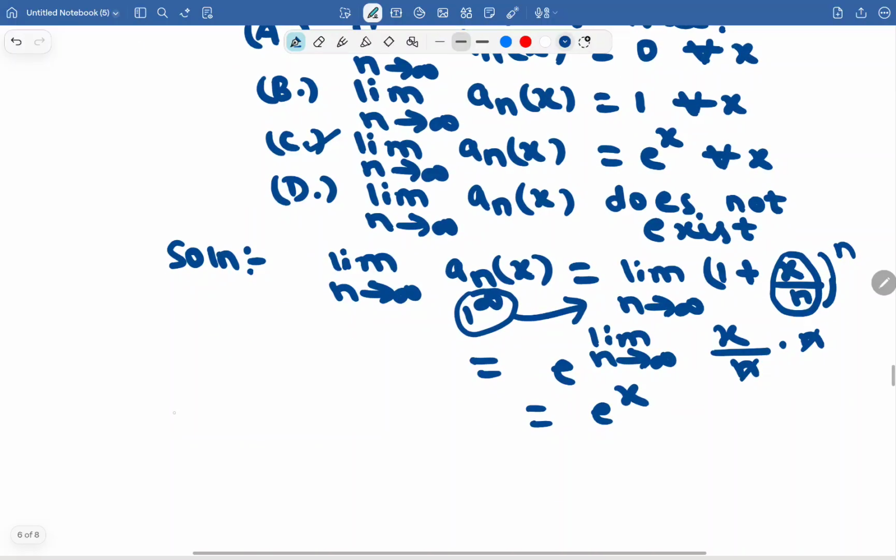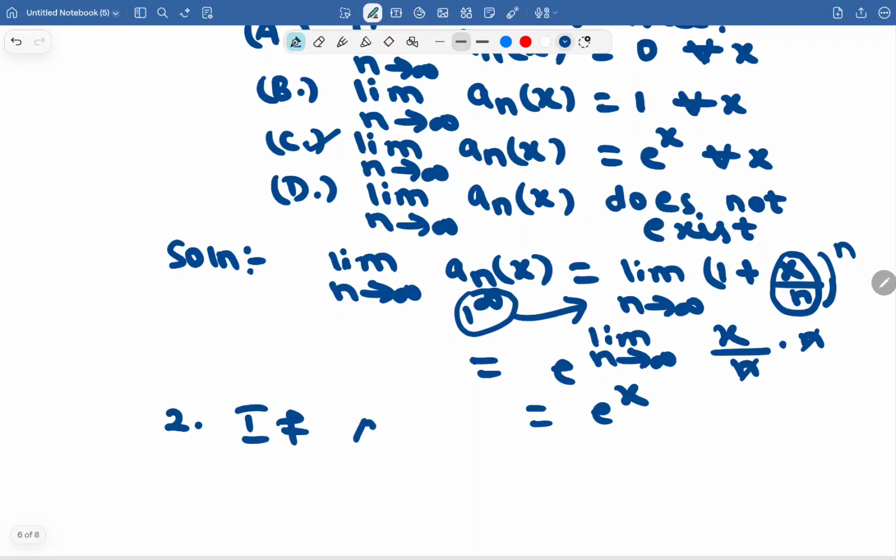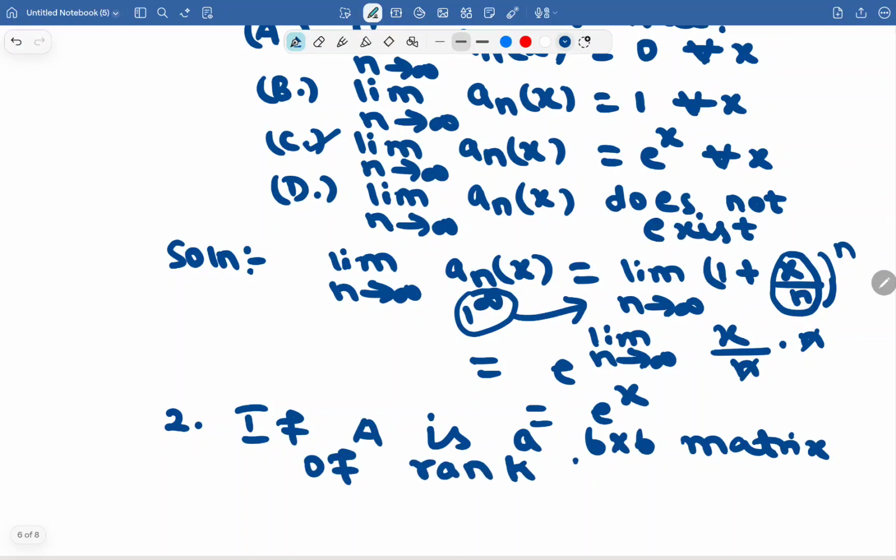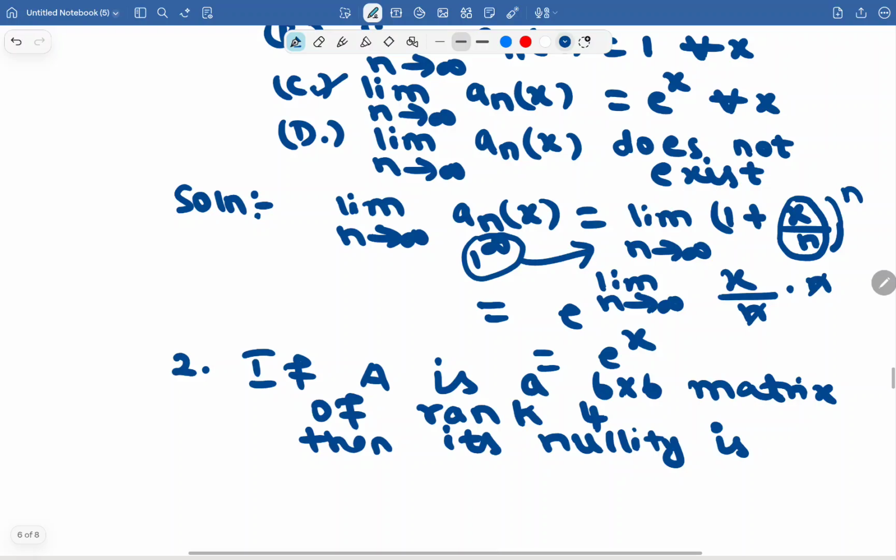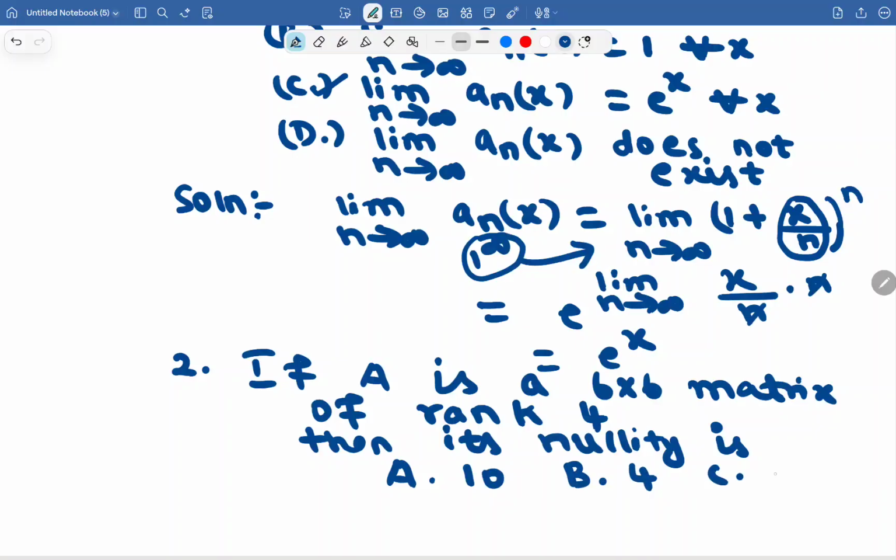Now I am going to discuss the second sum. If A is a 6 cross 6 matrix of rank 4, then its nullity is: option A 10, option B 4, option C 2, option D 6.